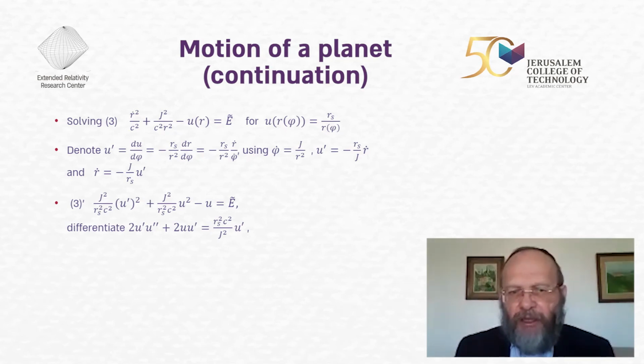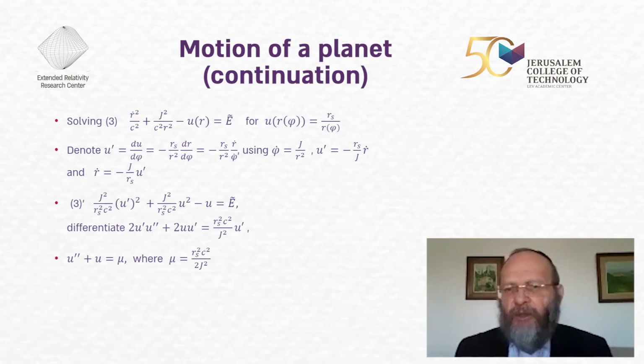Differentiate u prime squared, you'll get 2u prime u double prime. Differentiation is by phi. And for u squared, you'll get 2u u prime. U we took on the other side to get u prime. And this coefficient moved on the other side. Getting this. Now you can cancel u prime, and divide by 2, and you get the following equation. U double prime plus u equals mu. And mu is this constant.